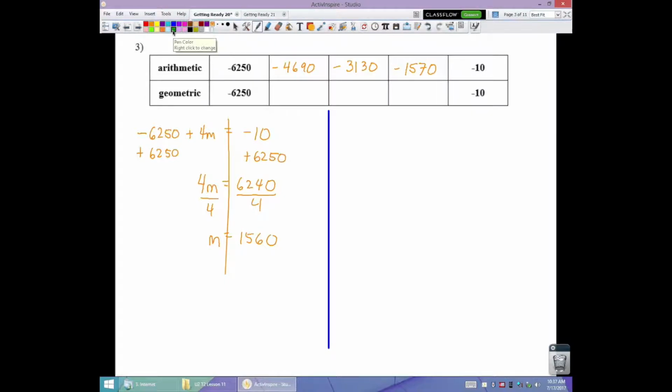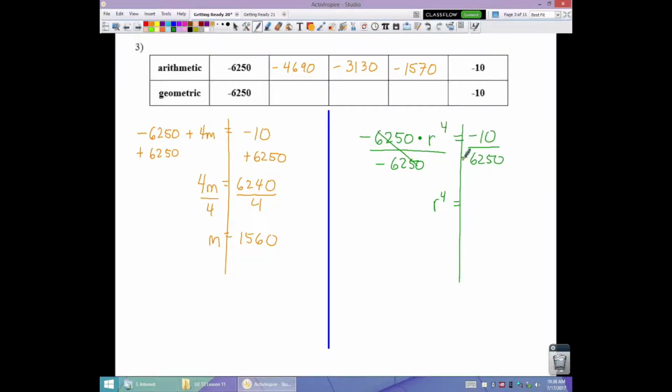All right, for geometric, start with negative 6250, multiply by something 4 times, and then end at negative 10. Well, here, this feels a little weird, but we're dividing both sides by negative 6250. So that leaves us r to the 4th equals negative 10 over negative 6250.